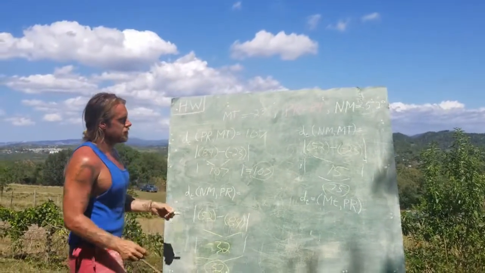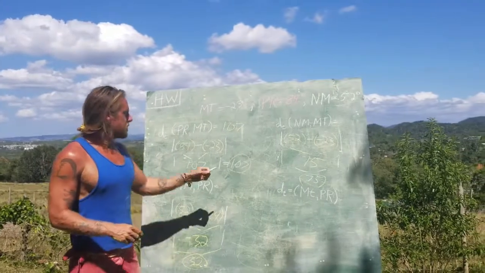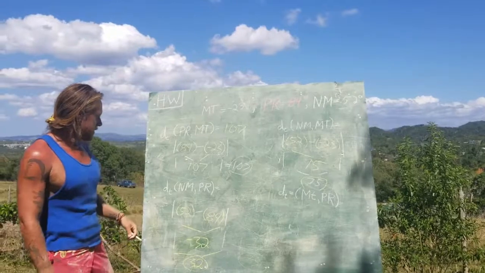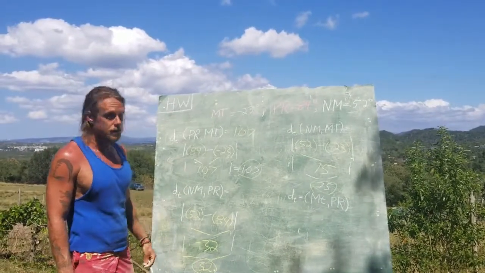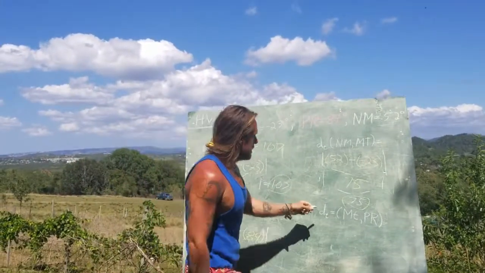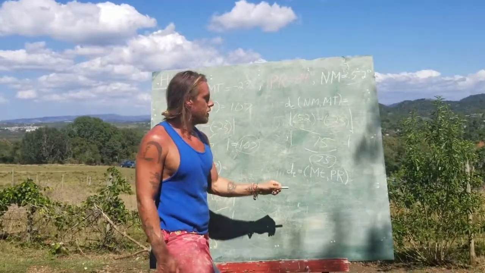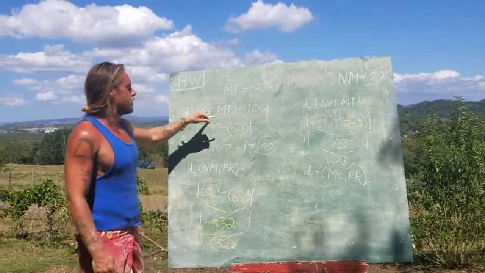So the most extreme, which makes sense, is between Puerto Rico and Montana. Next, between New Mexico and Montana. And then the closest in the difference of temperature, or the least drastic, is between New Mexico and Puerto Rico. But we can say exactly how much. One more. This is the difference in temperature between Montana and Puerto Rico. Well, we've already solved that looking at Puerto Rico to Montana.